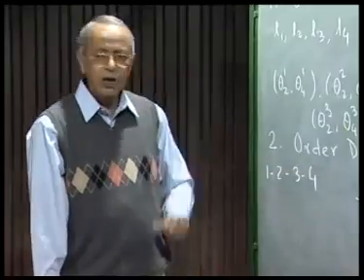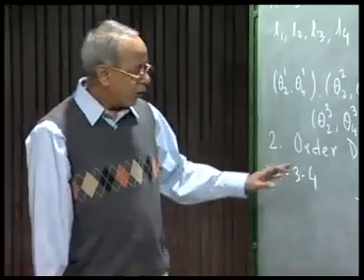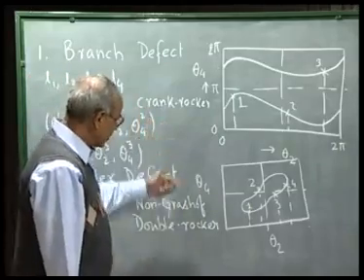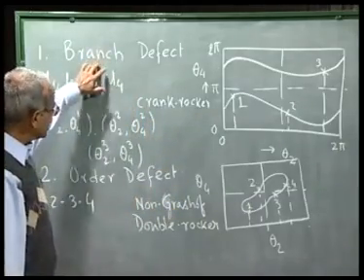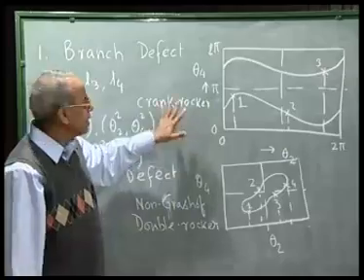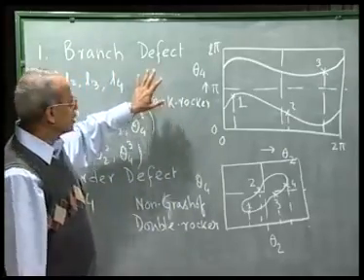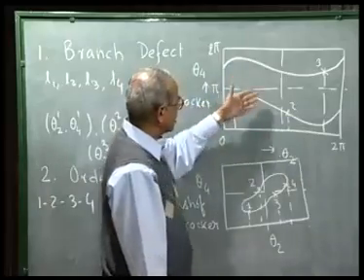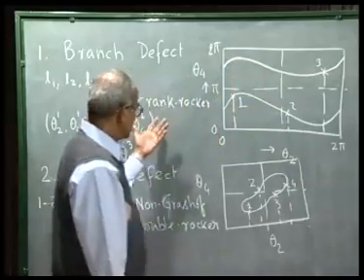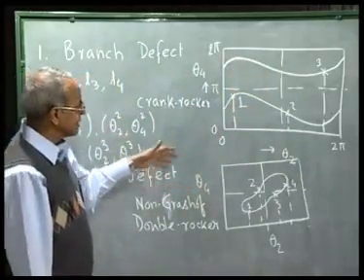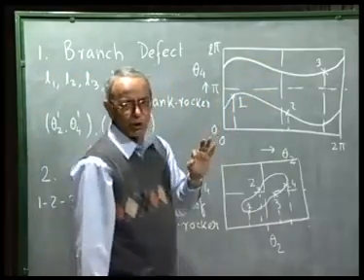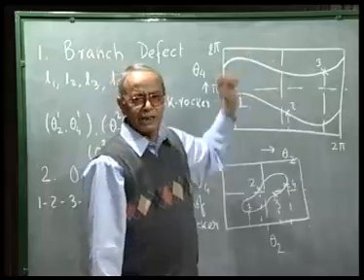This is what we call order defect. And order defect can happen both in Grashof and non-Grashof type linkage, whereas branch defect can occur only in Grashof linkage, because in Grashof linkage the 2 branches are totally separate, whether crank rocker, double rocker, or double crank. In all 3 cases, there are 2 distinct branches, and you cannot move from the same mode of assembly from one branch to the other.